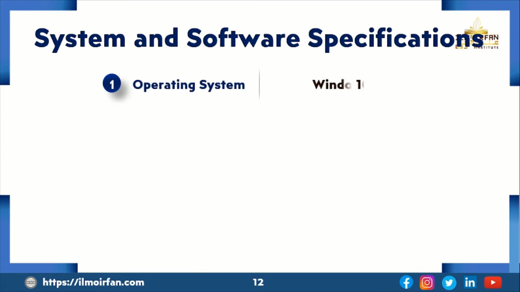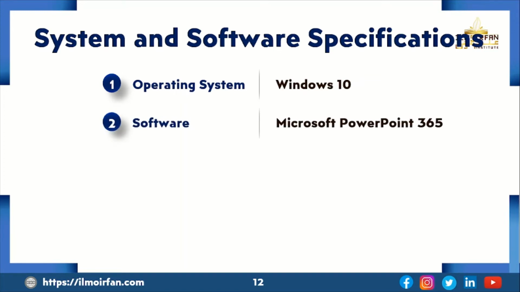The system and software specification to download the latest versions of Microsoft PowerPoint 365 for Windows operating system are as follows. I am using Windows 10 operating system. The software that we are going to download is Microsoft PowerPoint 365. Today, the date is 10 June 2022.